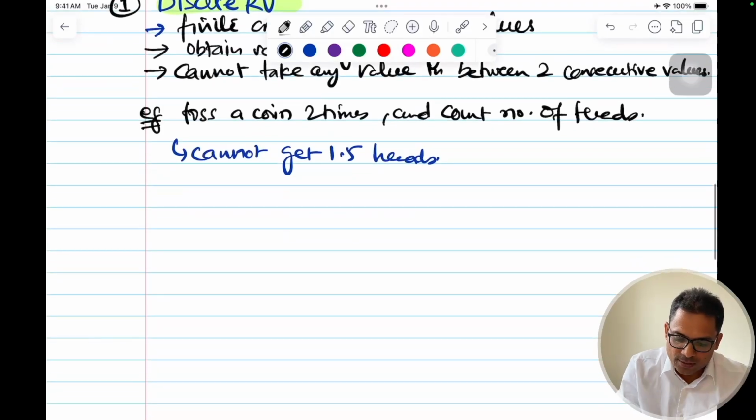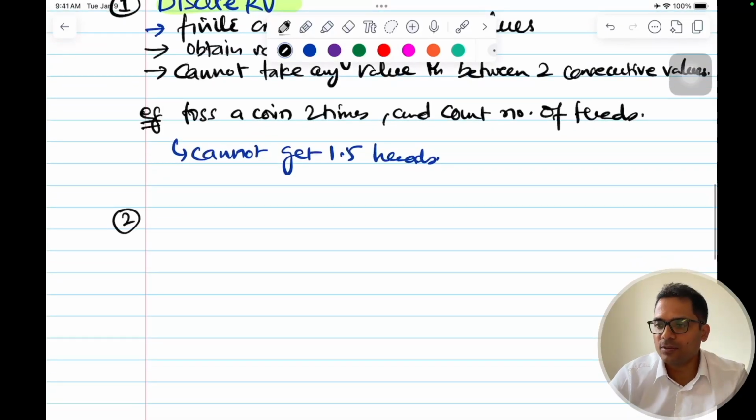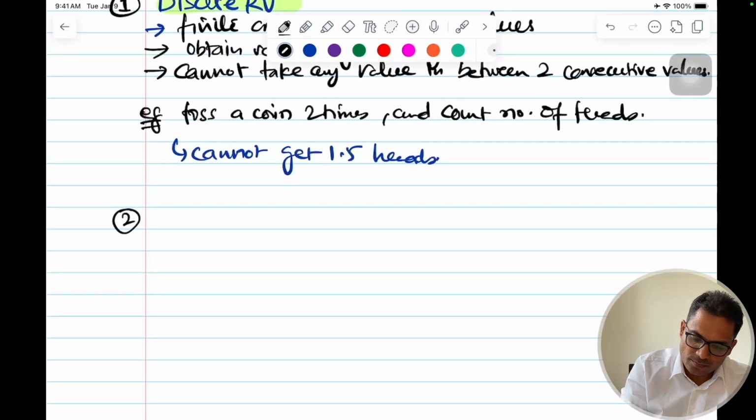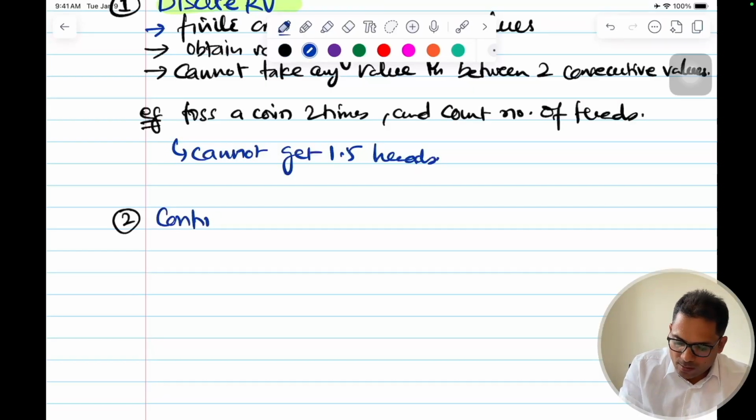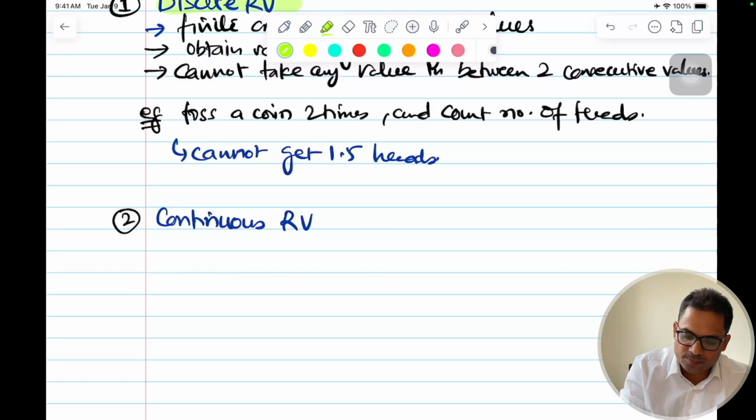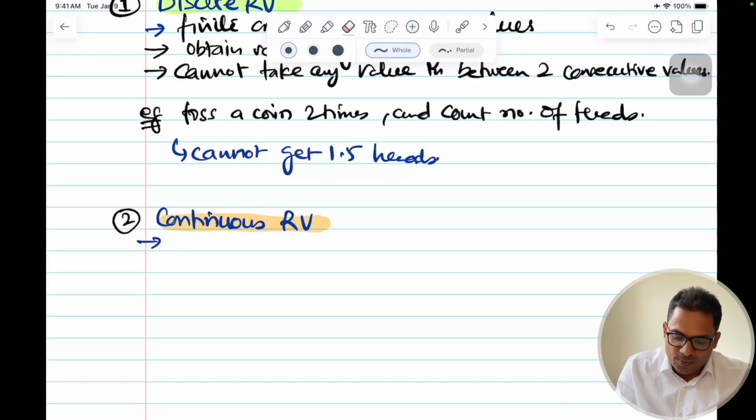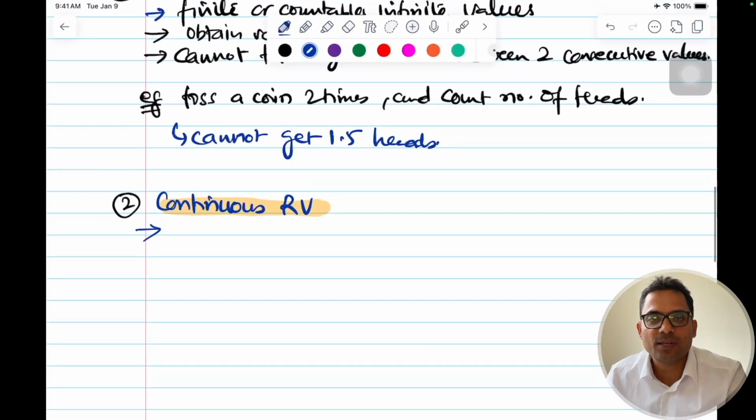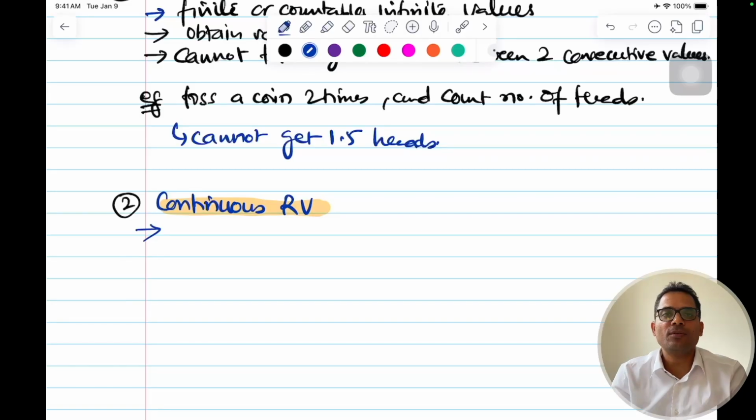Now let's move to the second one. The second one is continuous. So what is a continuous random variable? We have seen in the past what a continuous random variable is. It can take any value within a specified range. Generally it's in the form of a curve.